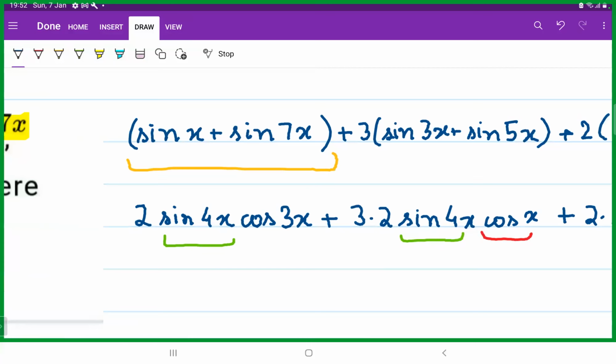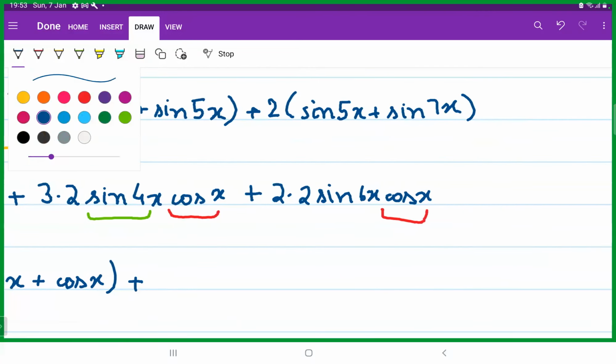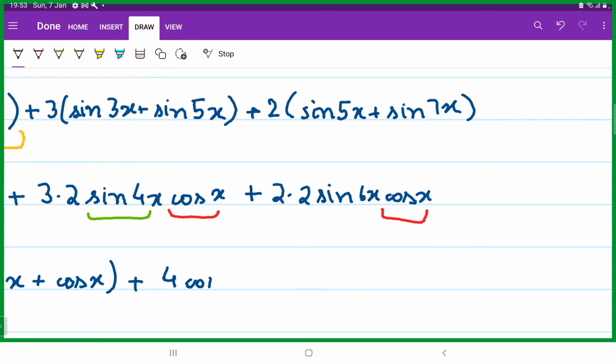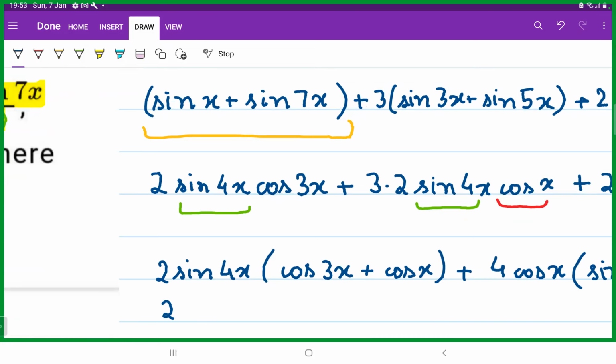So the first term will be 2 sine 4x times cos 3x plus cos x, plus 4 cos x times sine 4x plus sine 6x. Now we again use the properties of sine x plus sine y and cos x plus cos y.